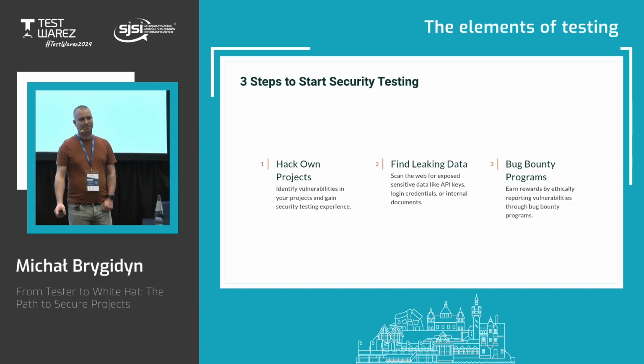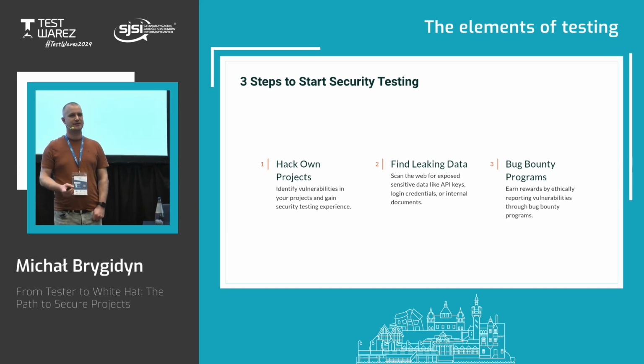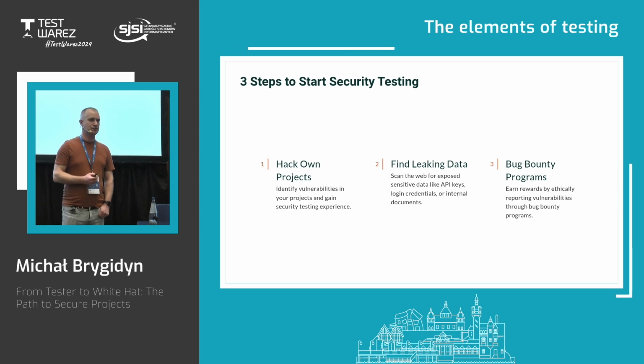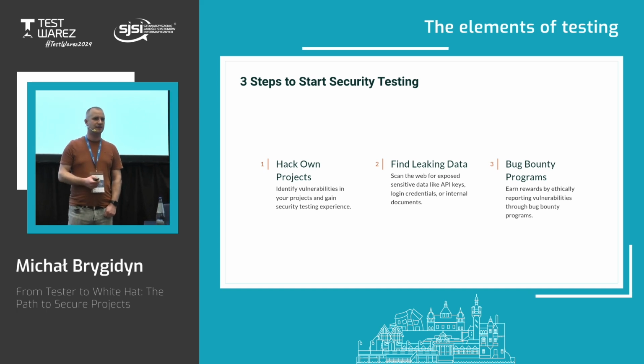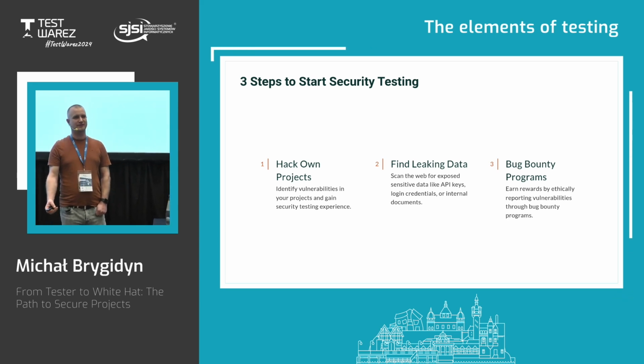How to start? First of all, we have our projects. We work somewhere, we have our projects, so the easiest way is to start with our own projects, because we can access the source code, we can check what's there, and we can try to find a way to disrupt the process, to destroy something.